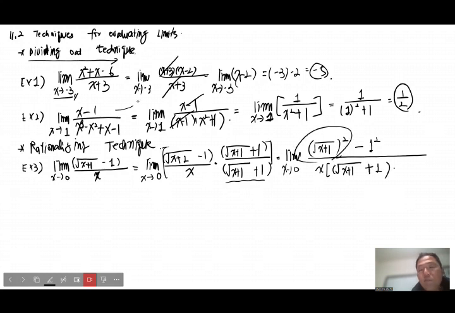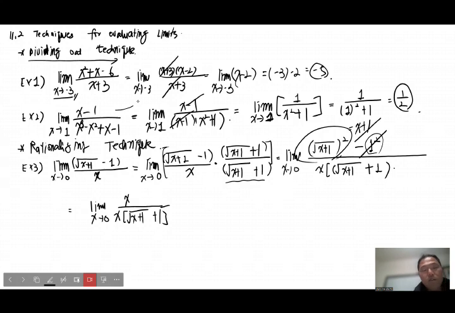The first term in the numerator is the same as x plus 1, and you have the second term with the minus sign. So 1 can be canceled out of the numerator, leaving only the x term. So that should be the limit as x goes to 0 of x over x times square root of x plus 1 plus 1.